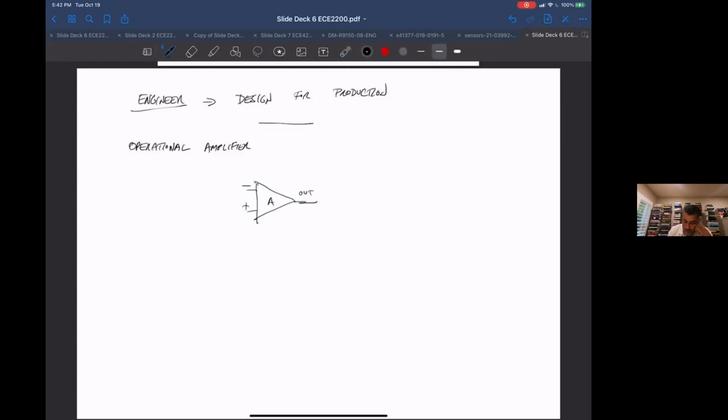So basically the function for the output voltage is, I'm going to call this V at the minus input, V at the plus input. So Vout is V at the plus input minus V at the minus input, times the gain, times A, where A is the gain.